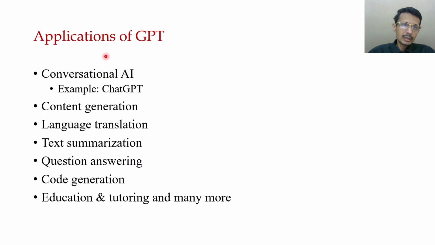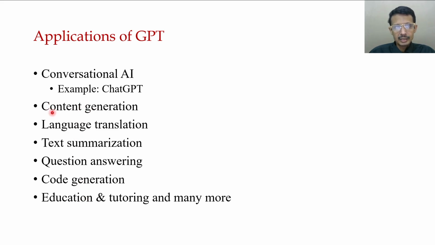Now, what are the applications of GPT? Nowadays, there are a lot of applications: conversational AI, in ChatGPT, everybody; content generation, language translation, text summarization, question answering, code generation, education tutoring, and many more. Why is it that the application of GPT is everywhere?